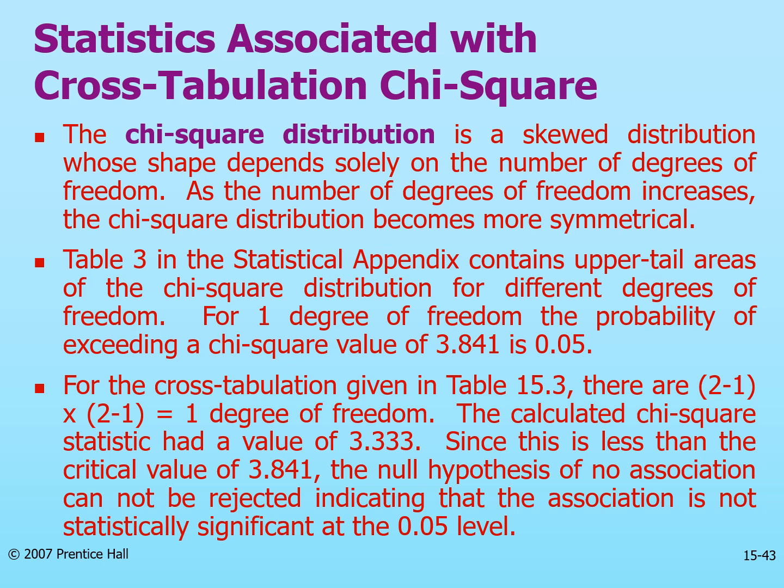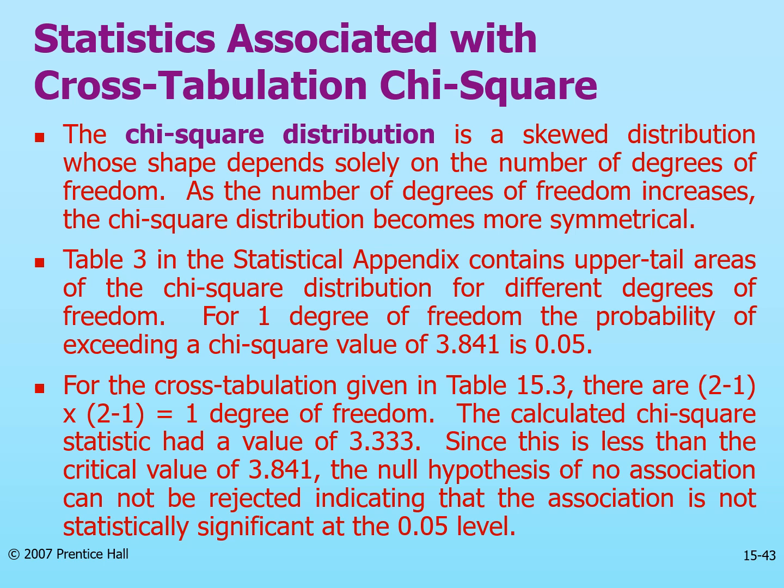The chi-square distribution is a skewed distribution whose shape depends on the number of degrees of freedom. As the number of degrees of freedom increases, the chi-square distribution becomes more and more symmetrical.